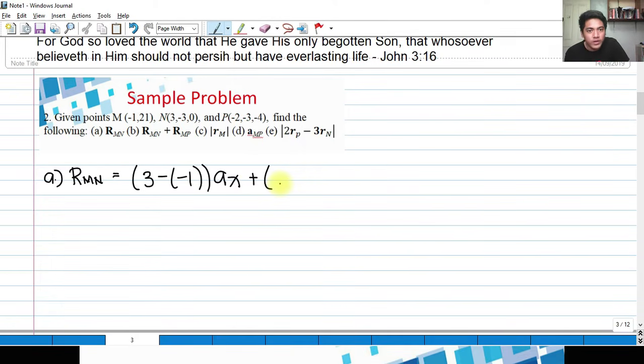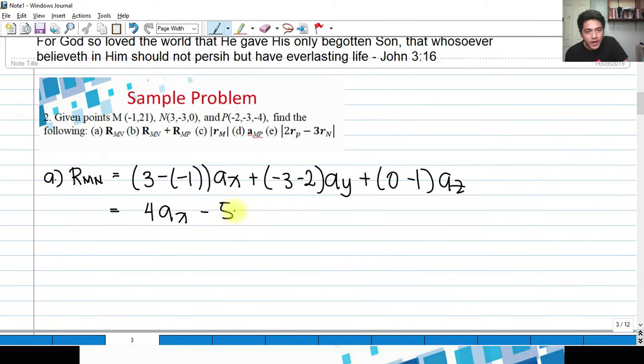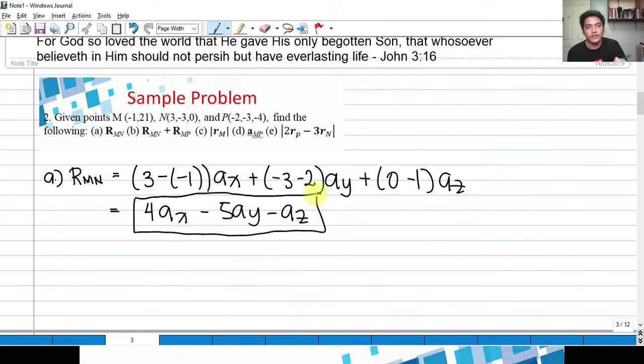Plus, of course, -3 minus 2 times ay, plus 0 minus 1 times az. So our answer: negative times negative is plus, so we have 4ax here, -3 minus 2 is -5ay here, and 0 minus 1 is -az here. So that is the vector from M to N. Resulting unit vector.